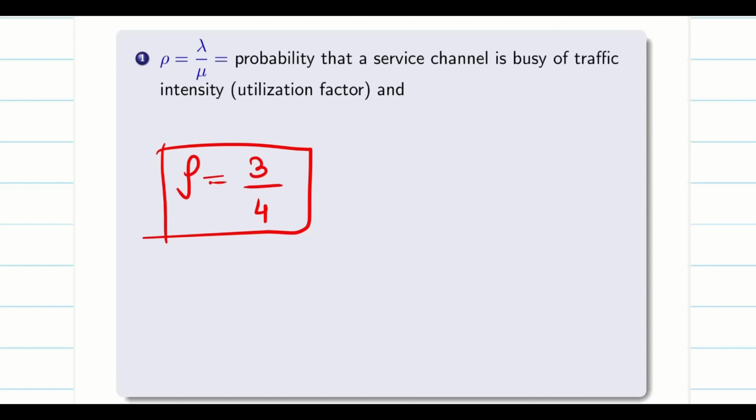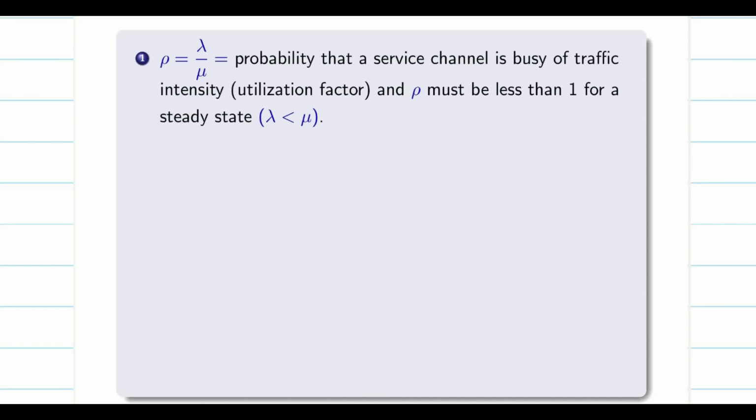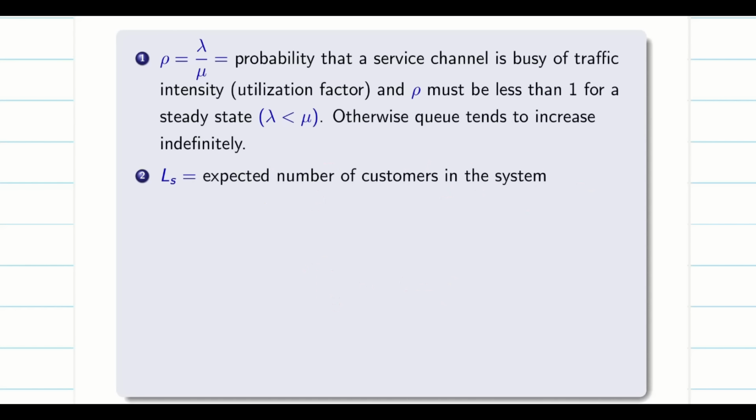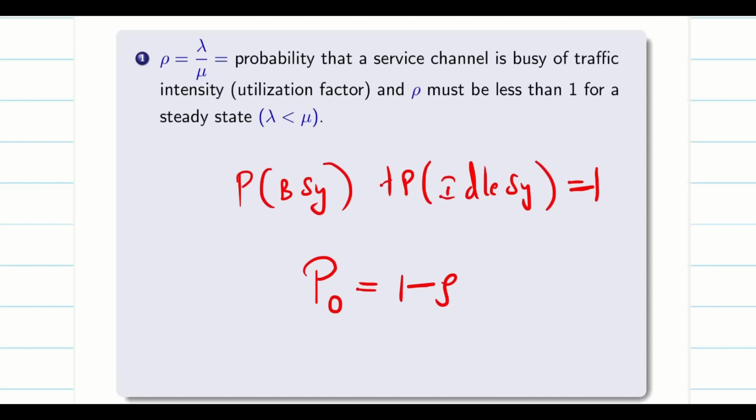Now I want to find the idle system. That is very simple. Since the total probability is 1, the probability of a busy system and the probability of an idle system always add up to 1. So the probability of an idle system, with the notation P naught, is simply 1 minus rho. That's what we have to think.